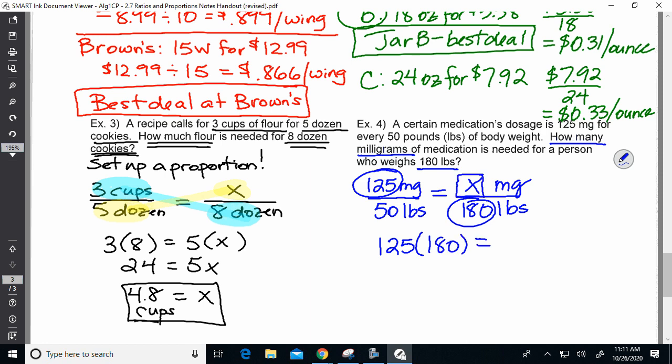X is multiplied times 50. And then from there, we let the calculator do some work. 125 times 180 is going to give you what? 22,500.